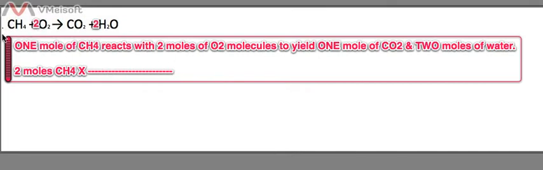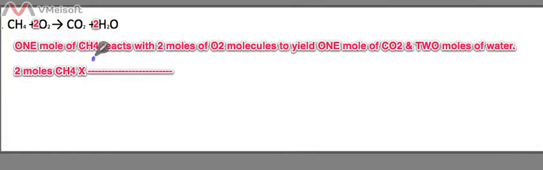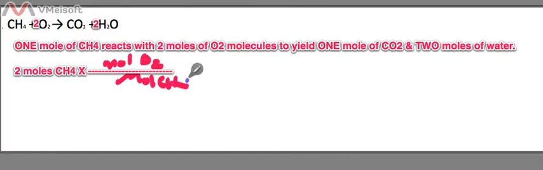Okay, what unit are we trying to end up with? I want to know about the moles. So this is moles of oxygen reacted. On the bottom, we want to get rid of moles CH4.